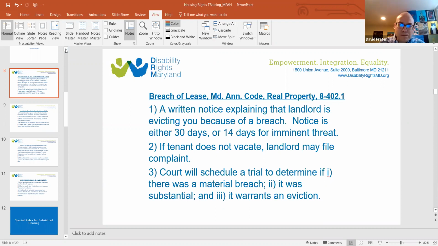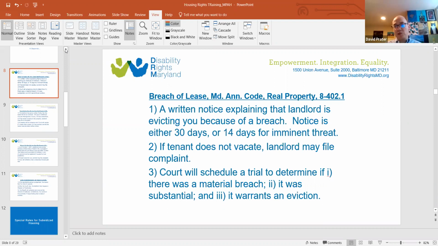Substantial, again, is something that a judge is going to have to decide. Let's say, for example, someone does have a guest beyond what the lease allows. The lease may say you can have an overnight guest for 14 days, but no more than 14 days. Let's say someone has a guest for 24 days.